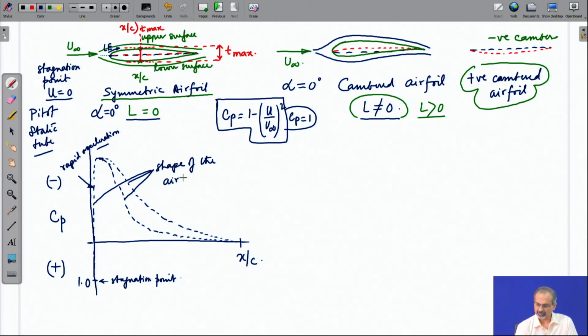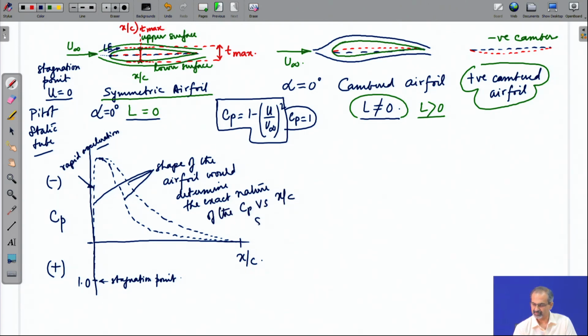Shape of the airfoil would determine the exact nature of the Cp versus x by c plot. This is how we name this plot. But nevertheless, we are interested to broadly understand the features.